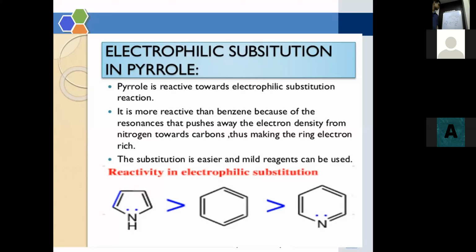Now let's go for some basic things. This completes your portion for heterocyclic compounds. Everybody okay? Your portion for POC 2 is over, it is done.